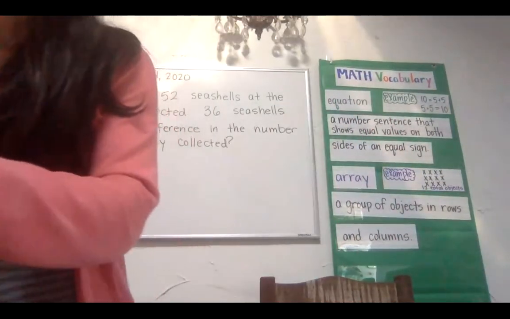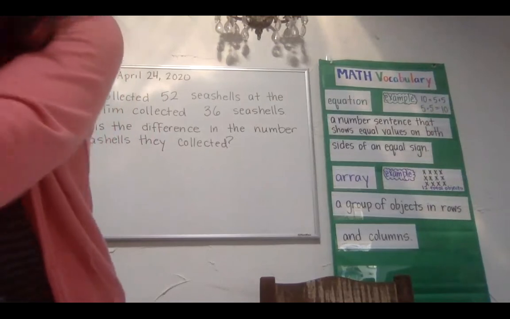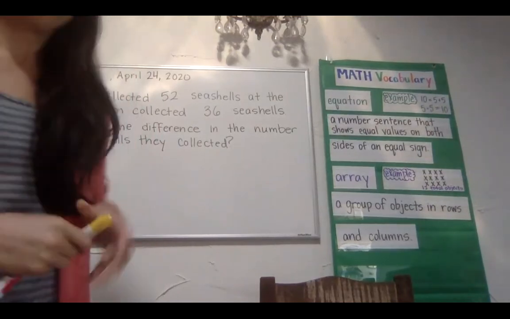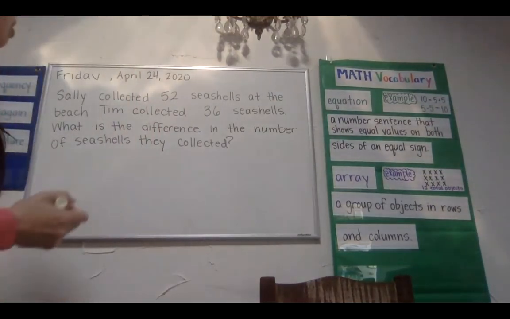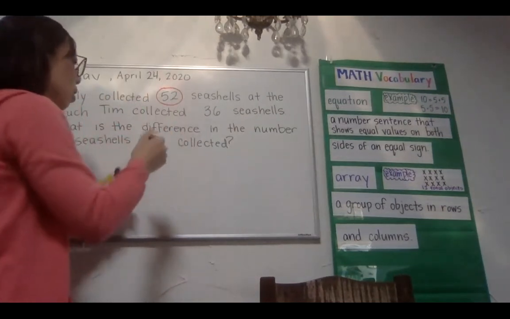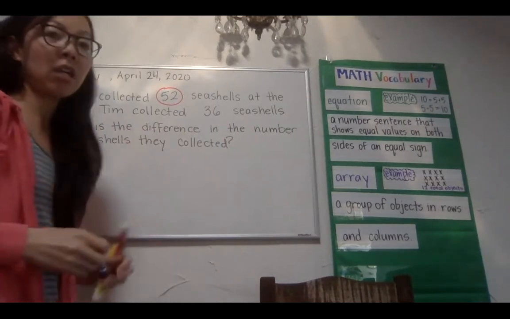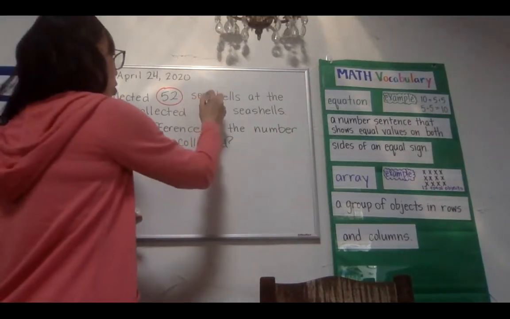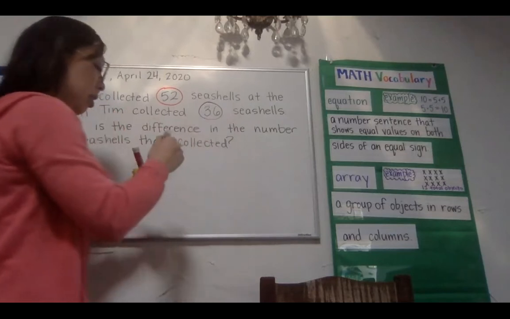All right, let's do it. Our key words and numbers. Well, what key words and numbers do you see? I see the key number 52, and I see the key number 36. And then I see a job I have to do.